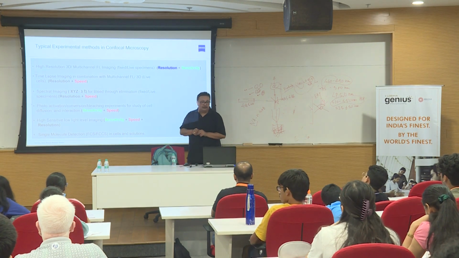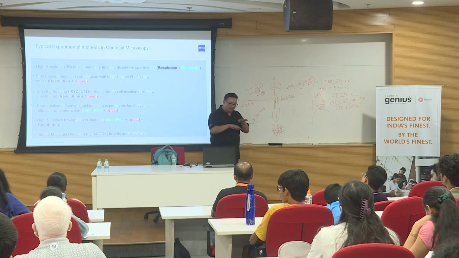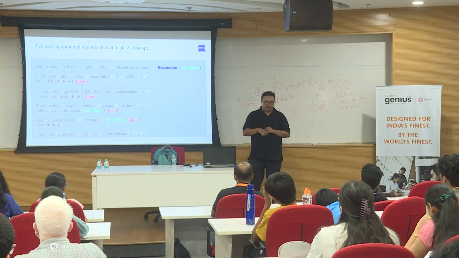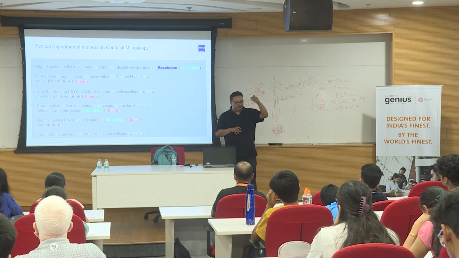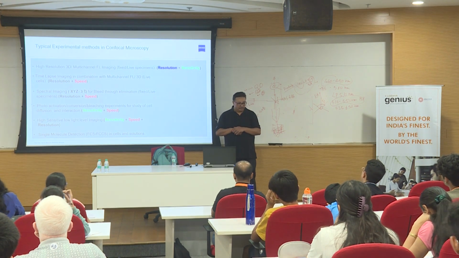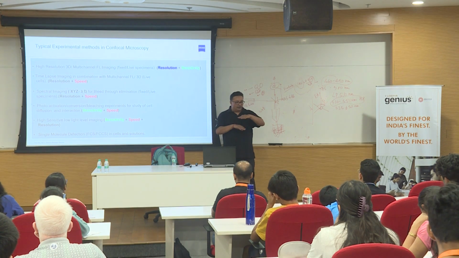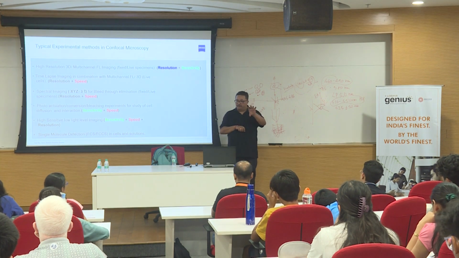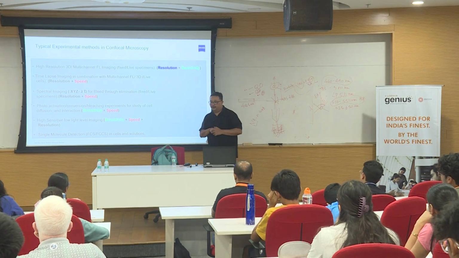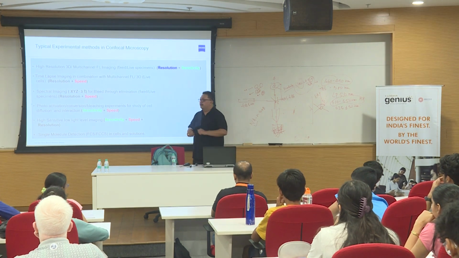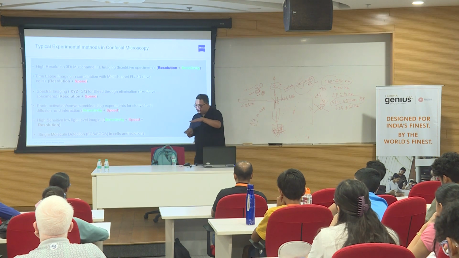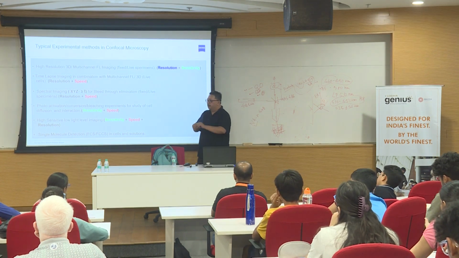When you say good image, what does it mean? Optimal signal, minimal noise. When you say an image, you always talk about S by N, signal to noise. Optimal signal, minimal noise, then only your S by N factor will be maximal. If the noise increases while the signal is constant, then your S by N reduces.